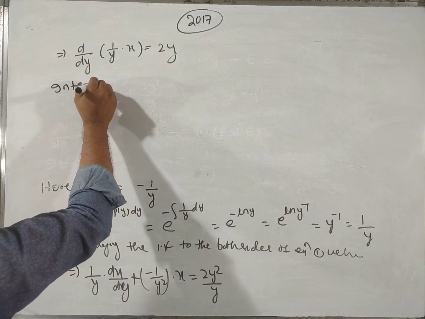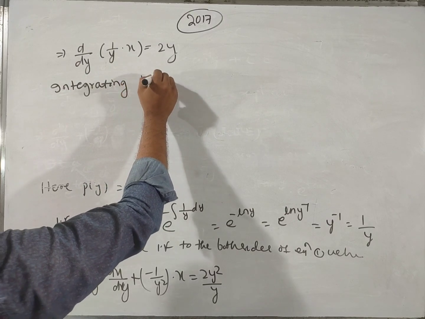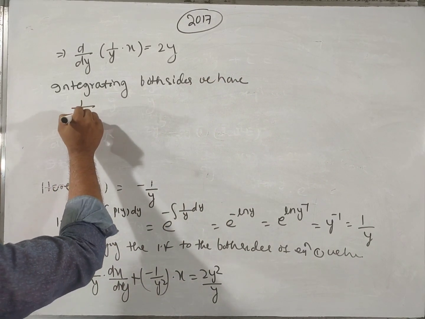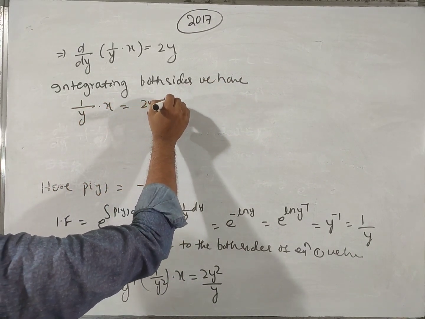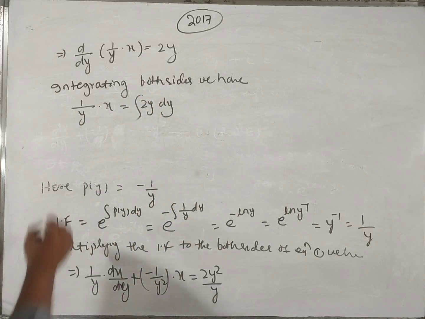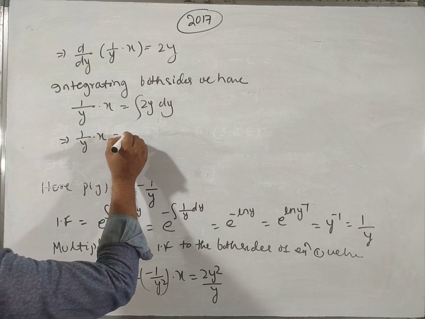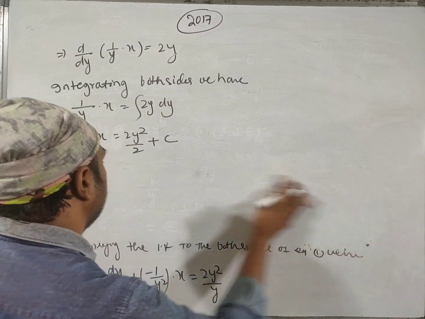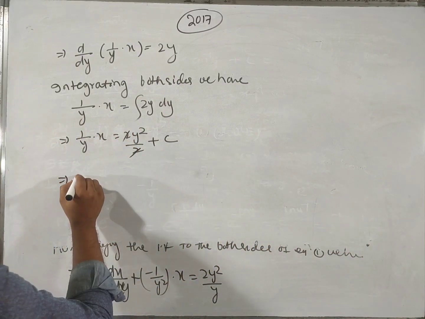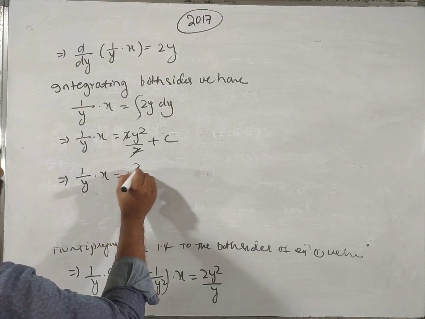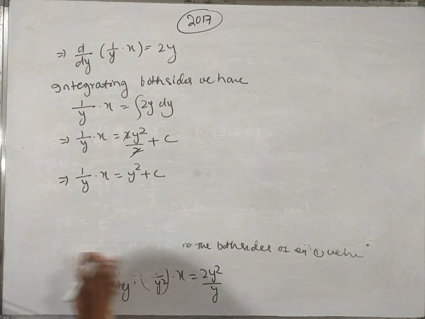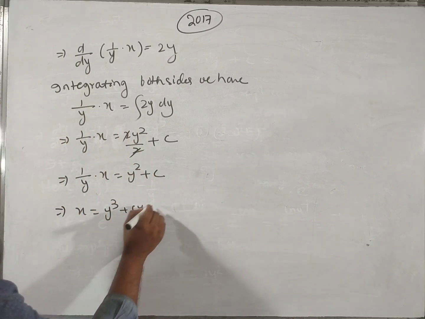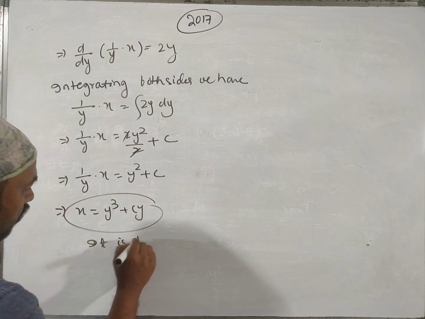Integrating both sides, we have (1/y)·x = integral of 2y dy. Then (1/y)·x = 2y²/2 + c, so (1/y)·x = y² + c. Then x = y³ + cy, and it is the required solution.